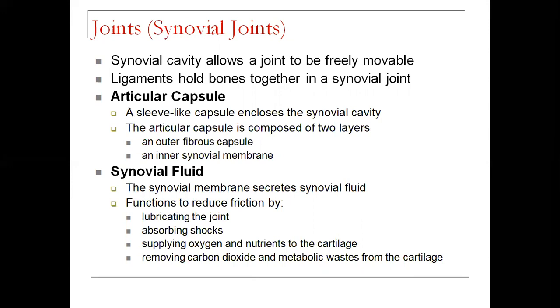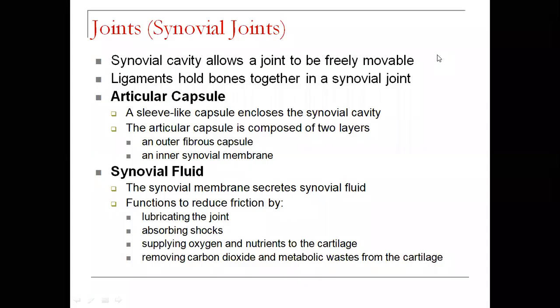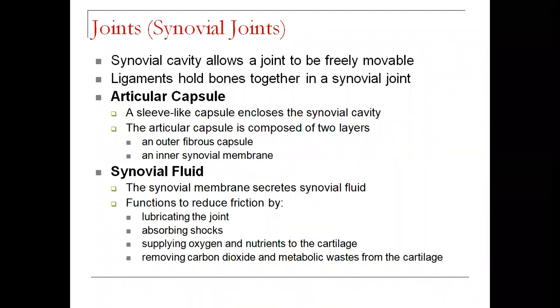The function of synovial fluid is that it helps in lubricating the joint. It helps in reducing the friction. Then it also helps in absorbing shocks and supplies nutrients and oxygen to the cartilage.